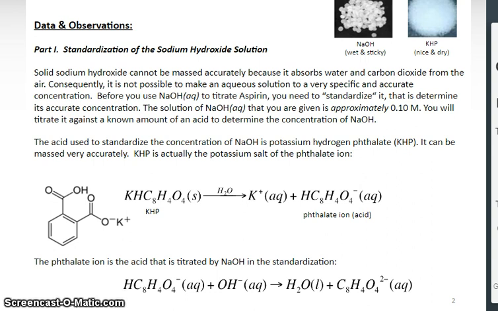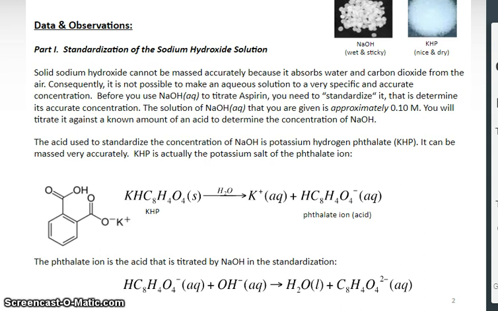The aqueous sodium hydroxide solution that you are given is approximately 0.10 molar. You will titrate it against a known amount of an acid to determine the concentration of sodium hydroxide. The acid used to standardize sodium hydroxide is potassium hydrogen phthalate, KHP.